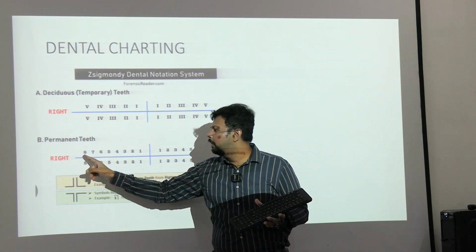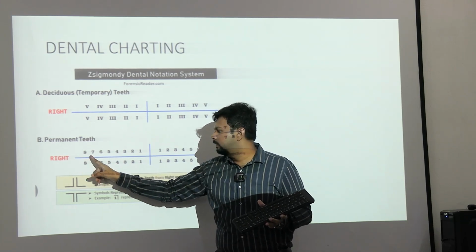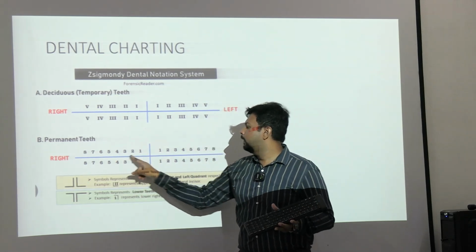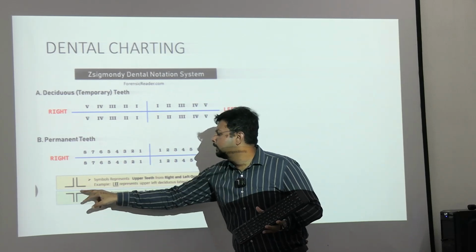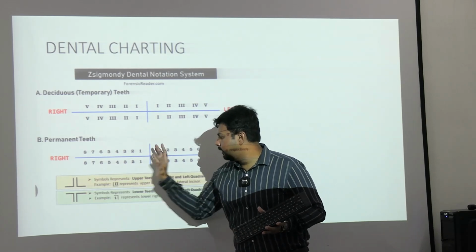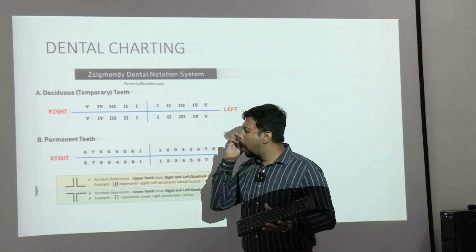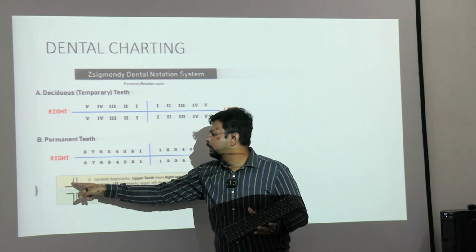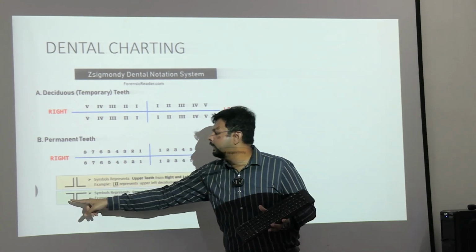Clear? If somebody indicates 8, they have to indicate it like this. They will put an angle. This one is the upper quadrant, this one is the lower quadrant, left side, right side. They will put a value over it. If I write 7 here, that will depict the right 7.